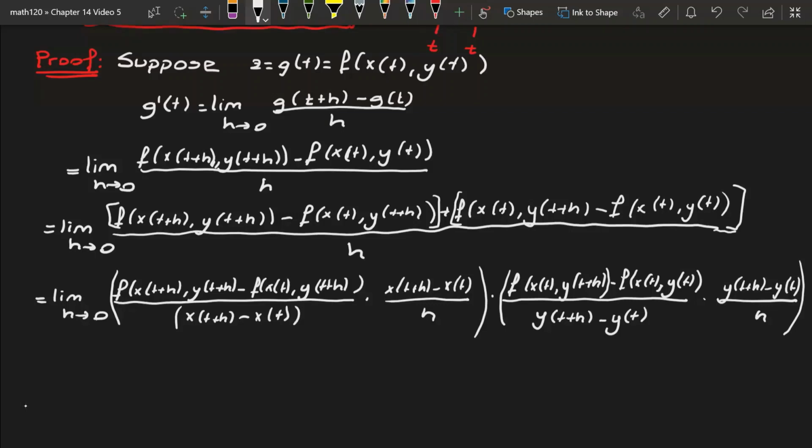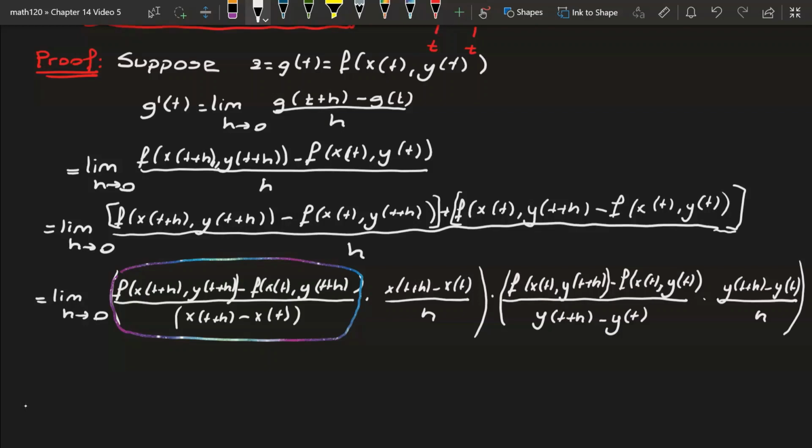If you look at this expression, here we have f of x of t plus h, y of t plus h, minus f of x of t, y of t plus h, over the difference in x. You see, the y coordinate is constant and the x coordinate is x of t plus h and x of t, and in the denominator we have the difference of t.